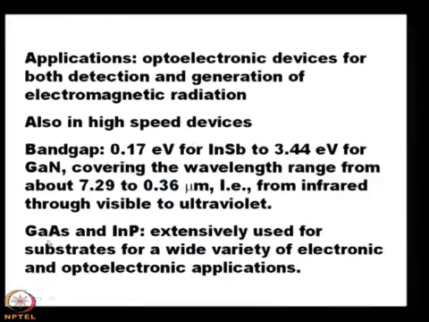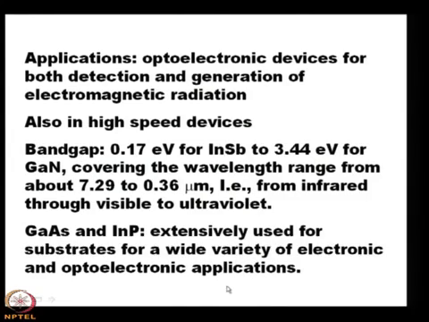For that, the epitaxial layer must have the same type of lattice constant as the substrate. So, in this case, gallium arsenide and indium phosphide are extensively used for making substrates for a wide variety of electronic and optoelectronic applications.